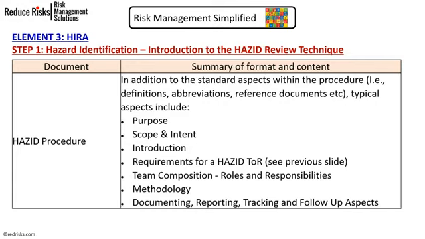The hazard procedure itself, in addition to the standard aspects within the procedure, definitions, abbreviations, and so on, the typical aspects would include purpose, scope, and intent, and the requirements for the hazard TOR, which we discussed previously. Also, detailed team composition, requirements, roles and responsibilities, methodology, and any follow-up aspects.